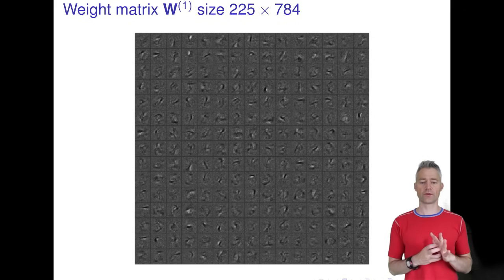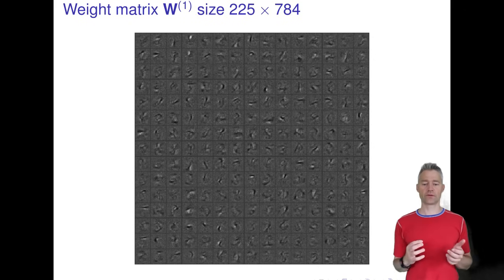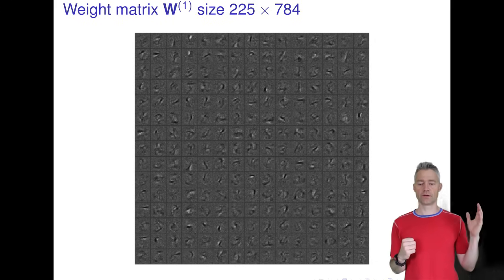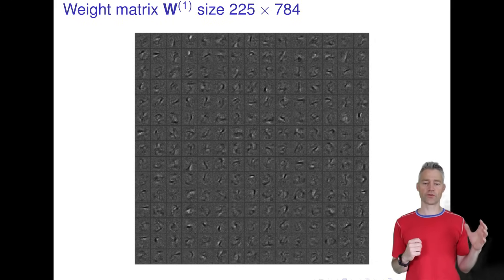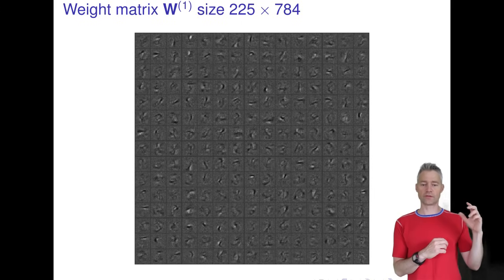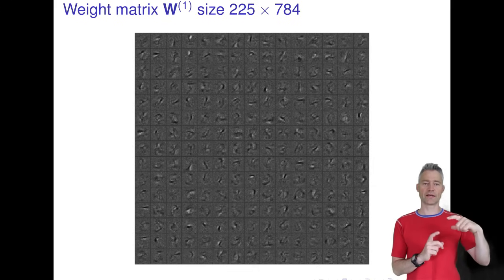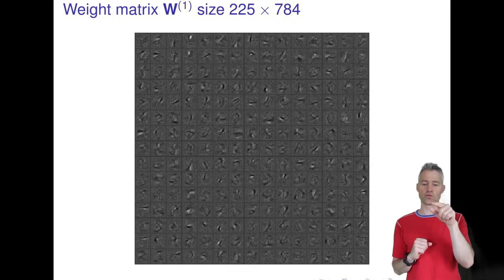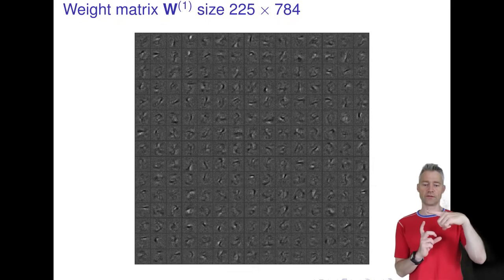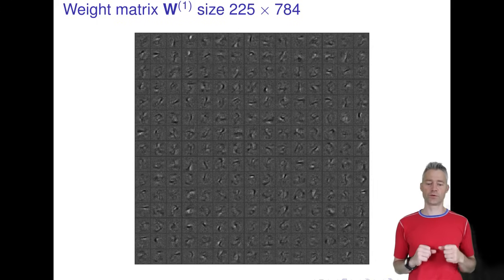Okay, so here we've actually depicted all the weights in the first layer. Remember that the second dimension of the weight matrix in the first layer has the dimension of the inputs, right? And this is all the pixels, so we can reorganize them again as the original image, and each of these 225 squares represents the weights for this specific unit.